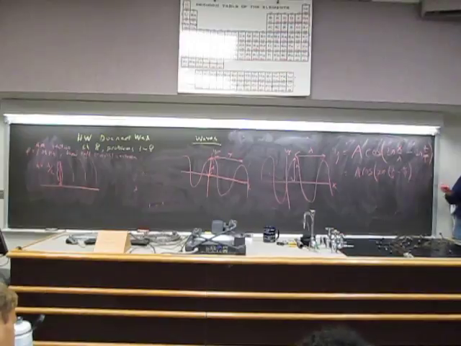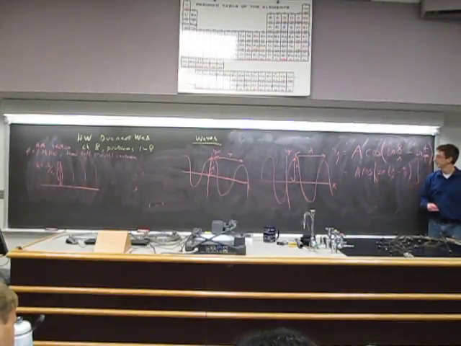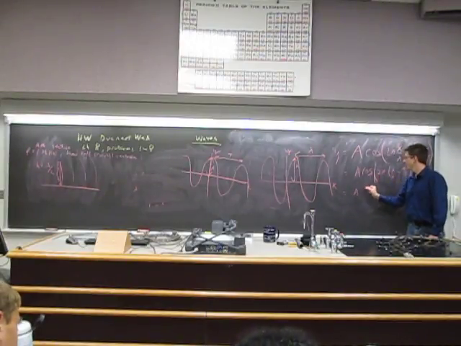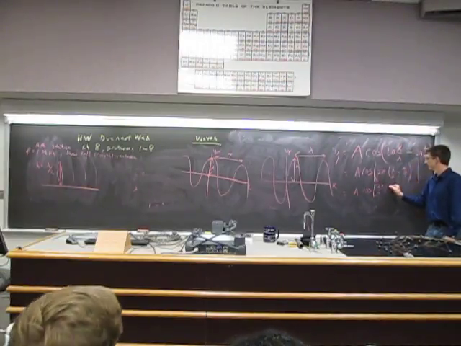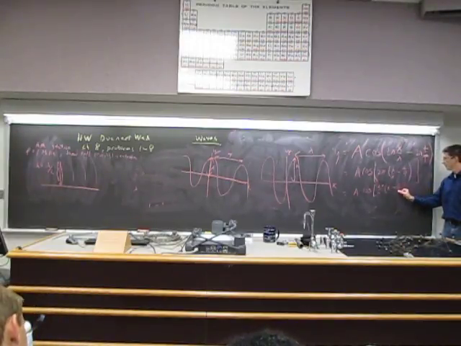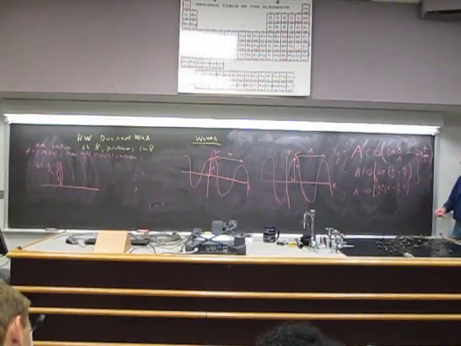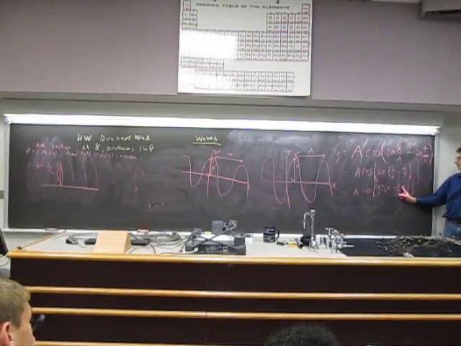It is actually customary to factor out a 1 over wavelength as well. So I could write this as a cosine of 2 pi over wavelength times x minus lambda over period times t. If I multiplied through these parentheses by 1 over wavelength, I'd get x over wavelength minus t over period.